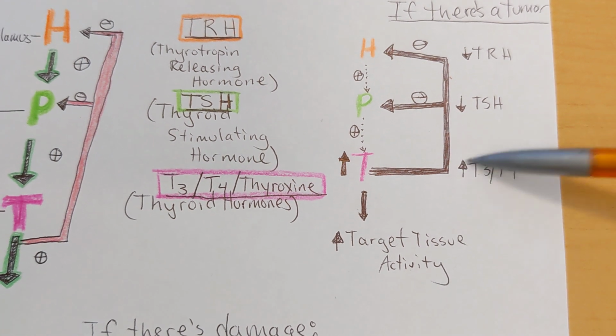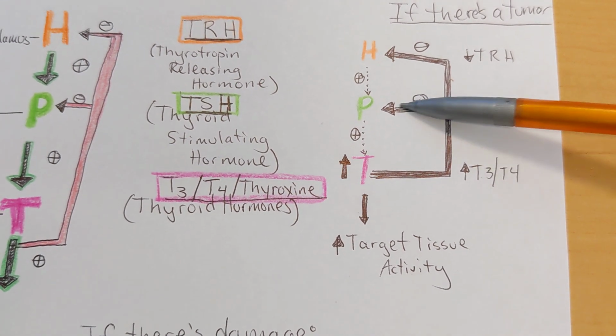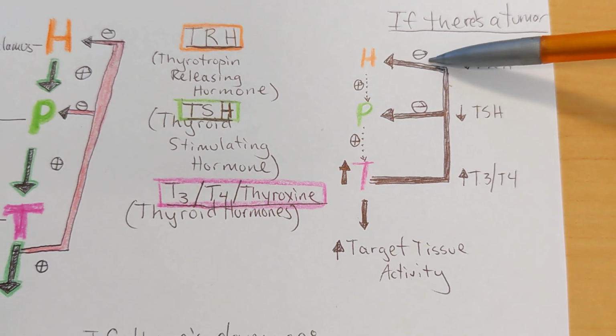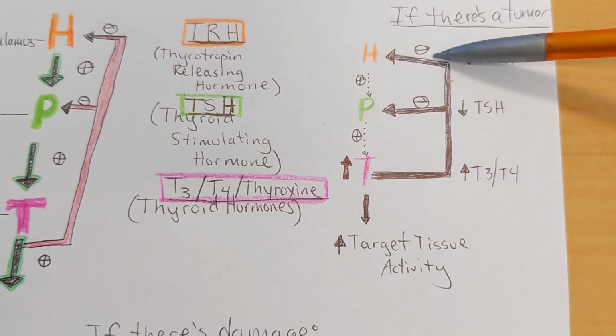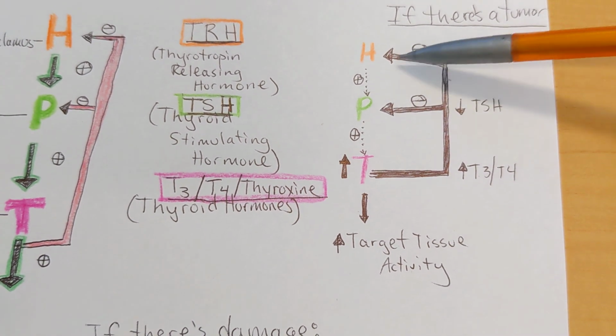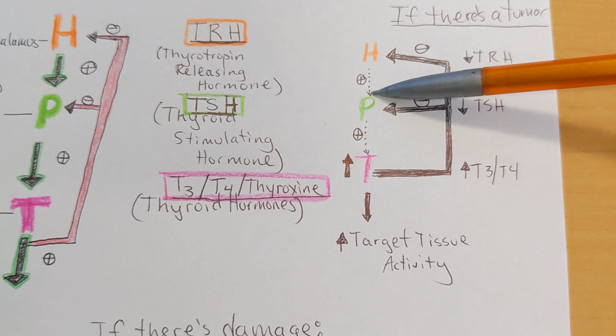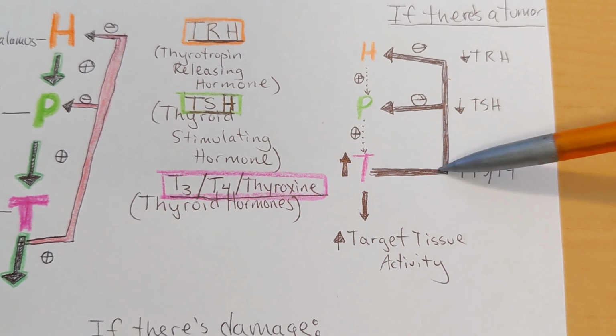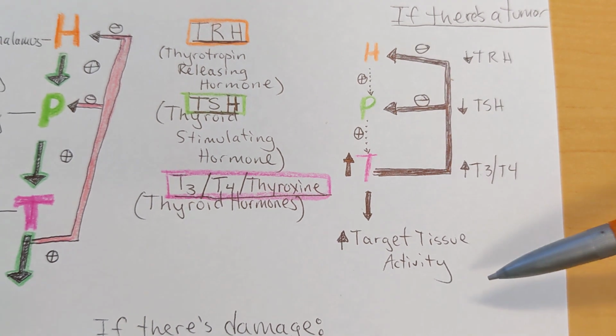And by increasing T3, T4, this is going to increase how much negative feedback there is farther up the axis. And so there's going to be a stronger negative influence on the hypothalamus and the pituitary gland. This is going to result in less TRH, less TSH, again, in response to this negative feedback.